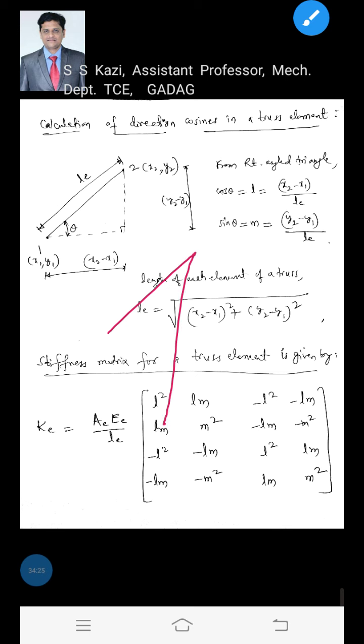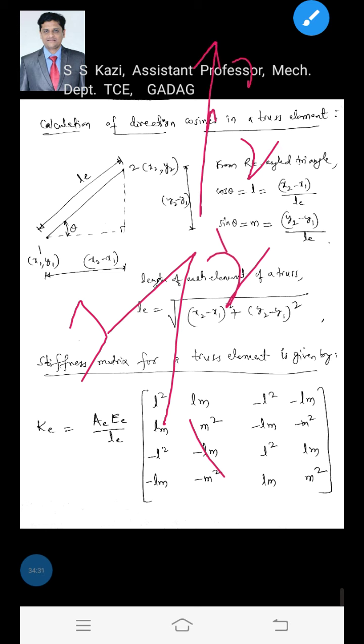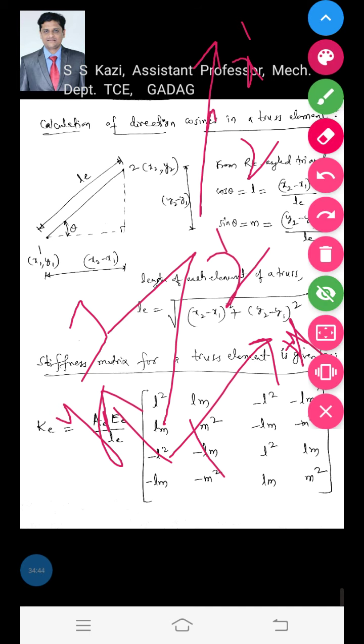In case of a truss, if you consider a single element, the local coordinate will be along the element, passing through the nodes, that is x dash is the local coordinate, but the global coordinates are x and y. Local and global coordinates are different for a truss element.